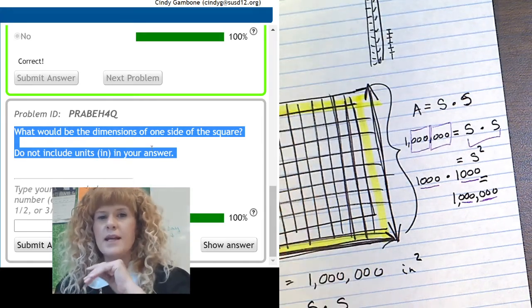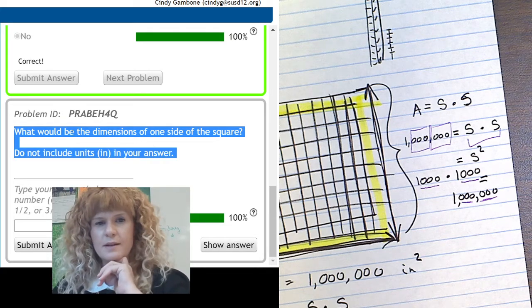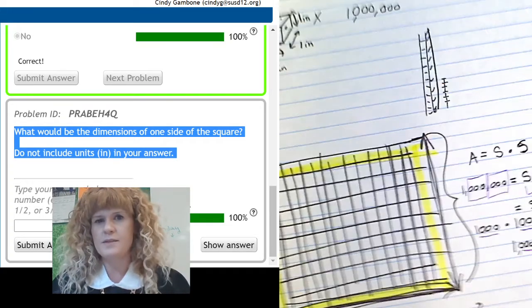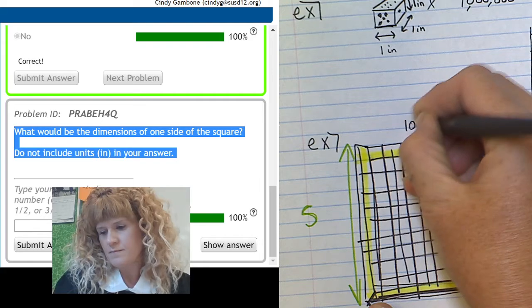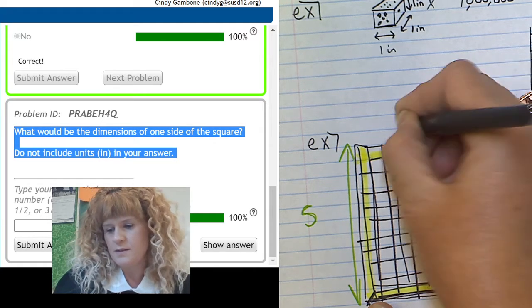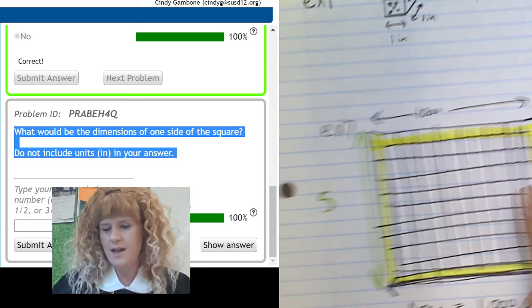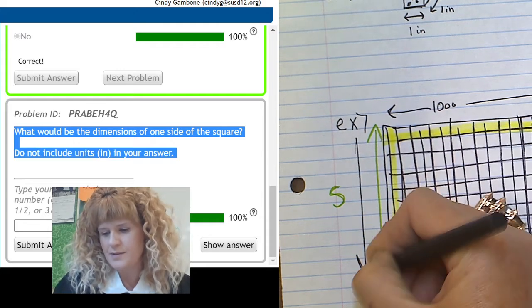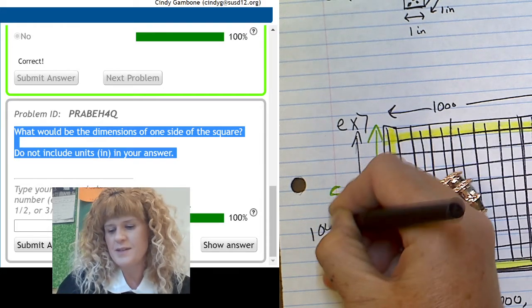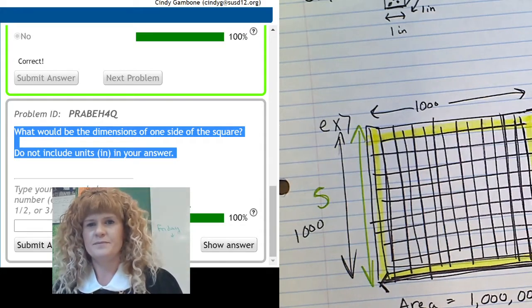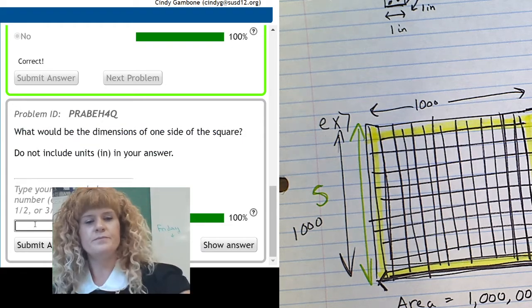So the side length is going to be 1,000. This is 1,000 cubes long and 1,000 cubes high. Go ahead and put in your answer.